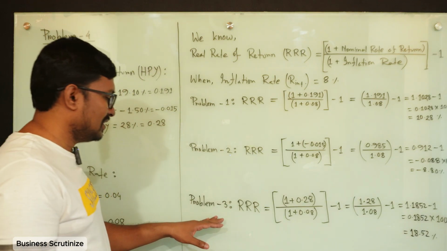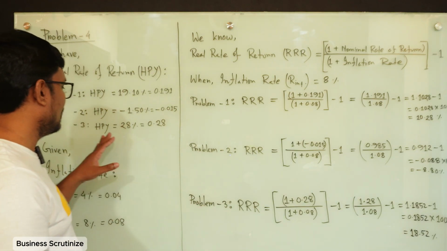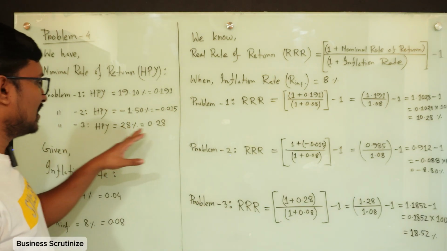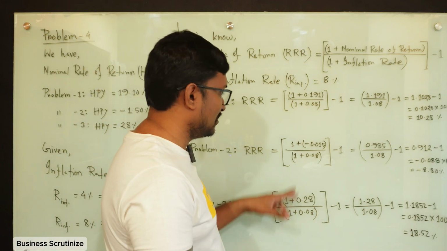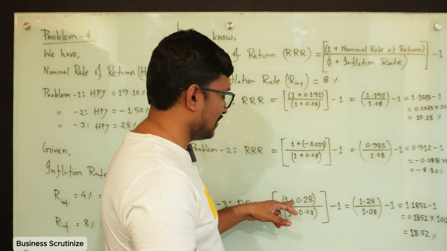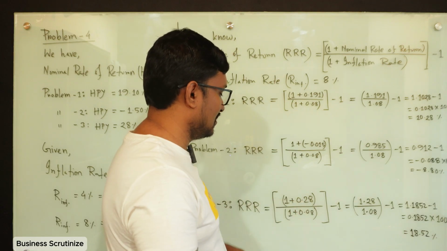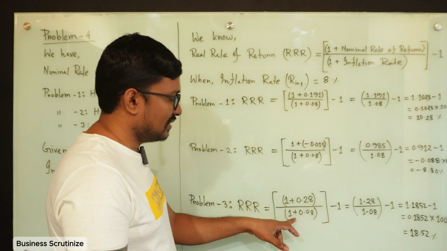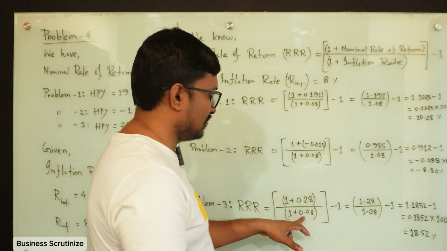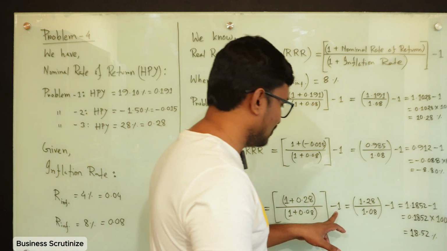And finally, in problem number 3, when the nominal rate of return, or HPY, is 28%, we input 1 plus 0.28 in the numerator. In the denominator we input 1 plus the inflation rate, which is 0.08, minus 1.